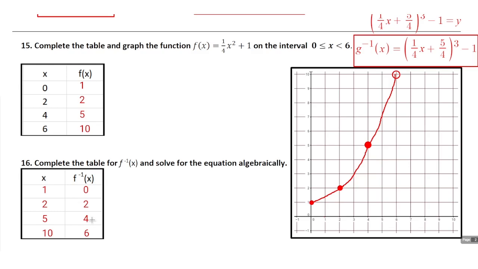Oh wait, hold up here. No, I take that back. The 10, 6 is going to be the open circle. So yeah, here we've got one at 1, 0, 2, 2. Ooh, same point. Check that out. That's nice. 5, 4, and 10, 6. That's going to be the open circle.